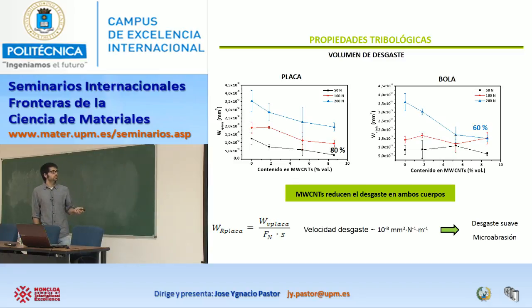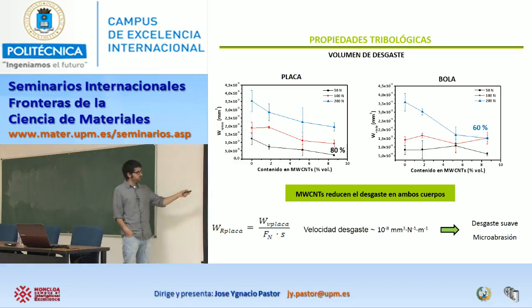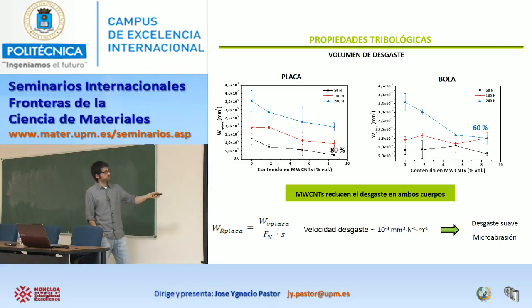I mean, this is quite good. Here the wear, let's say, you can think that it's not so much, but we should think that, for example, in a car, it should work for several kilometers, okay, and then an improvement of 80% is quite hard.